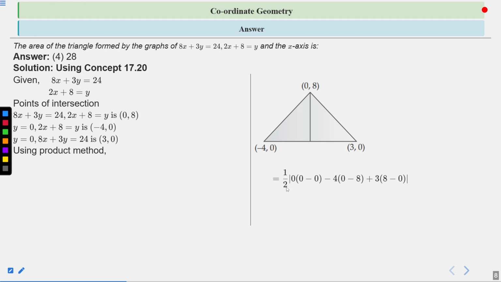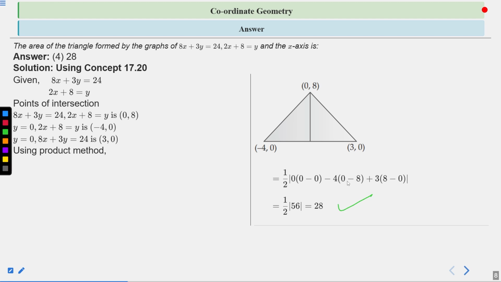So we apply mod 1 by 2 mod of 0 into 0, 0 minus 4 into 0, 8 plus 3 into 8, 0 and mod close. We get 1 upon 2 mod 56, which equals 28. So the area of this triangle is 28 square centimeter. Fourth one is the correct answer of this question.